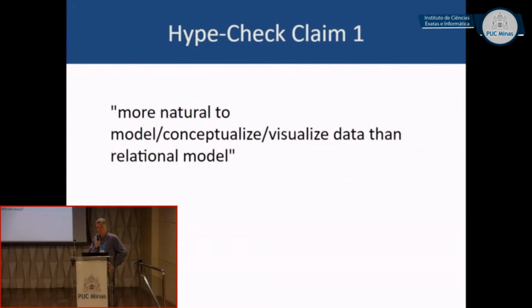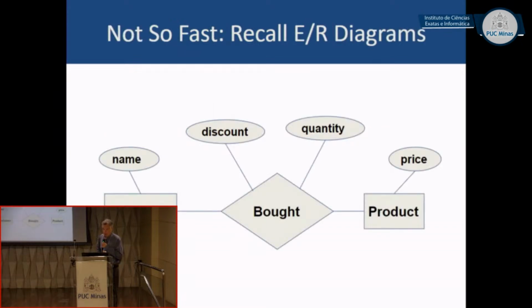Let's look at some of the more specific claims that are being made. One of them is that it's more natural to think about the data, to conceptualize it, than in the relational model. Well, okay, here is where I usually end up telling them, remember the ER diagrams, the way we actually always wanted to do relational databases to begin with, the way we teach our students to organize their data logically, which they promptly skip over and they go directly to the tables.